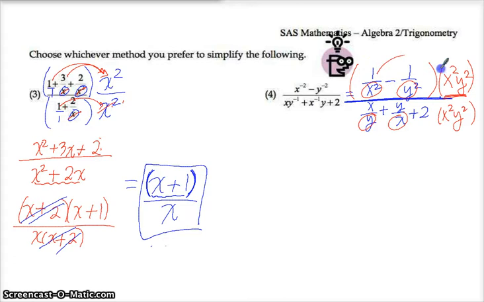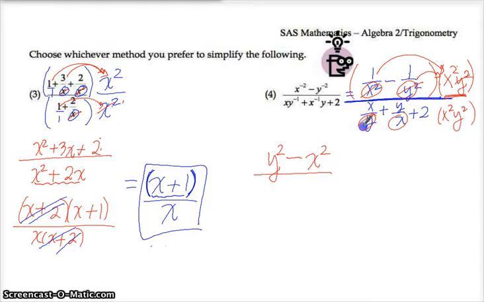So I'm going to distribute. If I multiply 1 over x squared times x squared y squared, well, this x squared will cancel with this x squared, so I'll get 1 times y squared, which is y squared, minus, and then I distribute this one, so this y squared will cancel with this y squared, so I get minus 1 times x squared, right, divided by, now I have to do the same thing in the denominator.